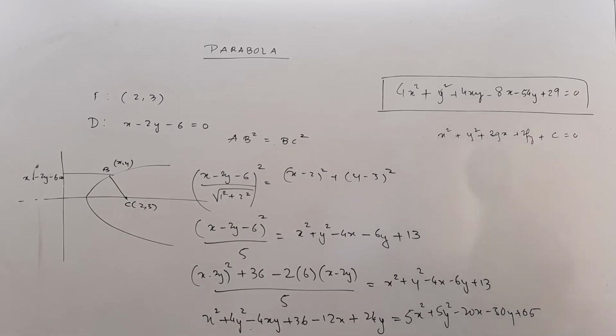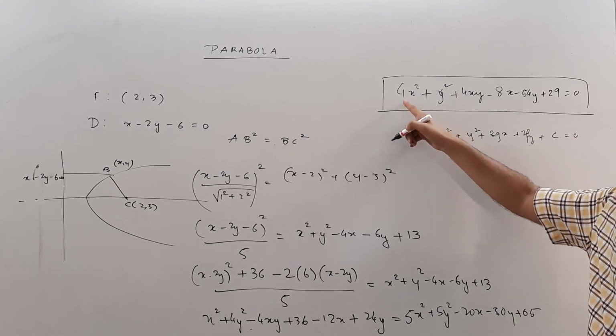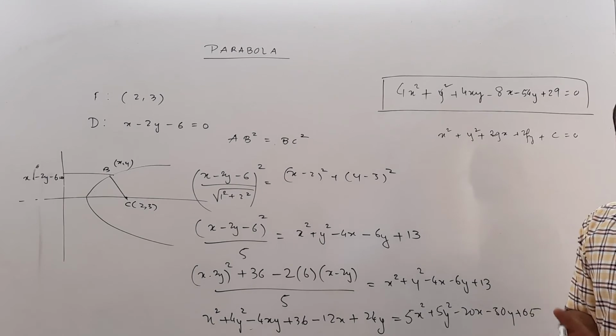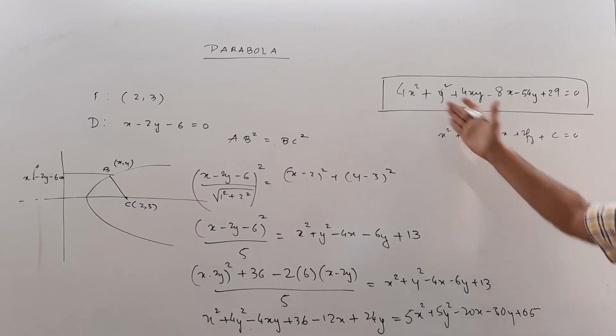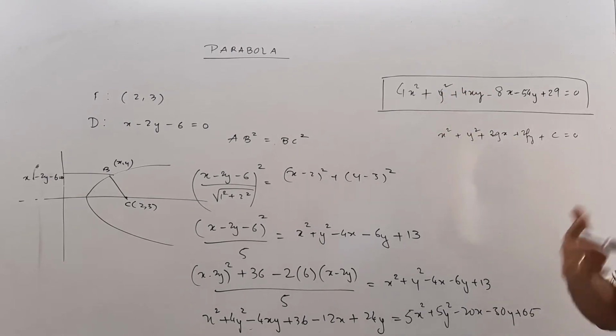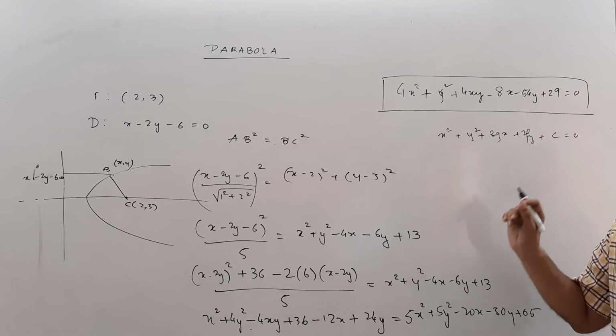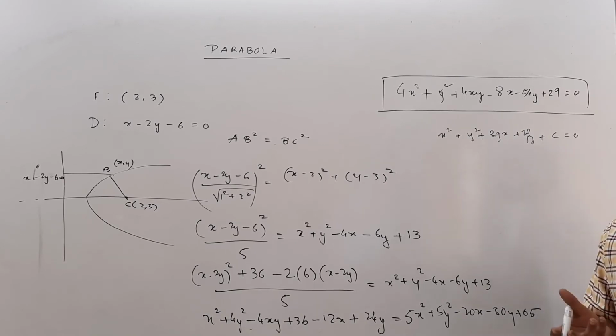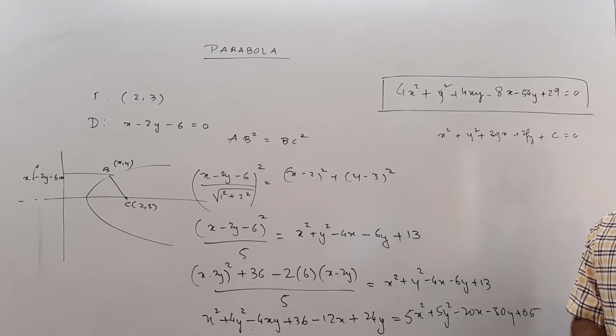Whereas here you can clearly see that first of all the coefficient of the x square and y square term is not the same. So here it is 4, here it is 1, that's one point. The second point is the xy term is coming in between, which was not there over here. So this is one clear cut difference between the equation of a parabola and the circle.